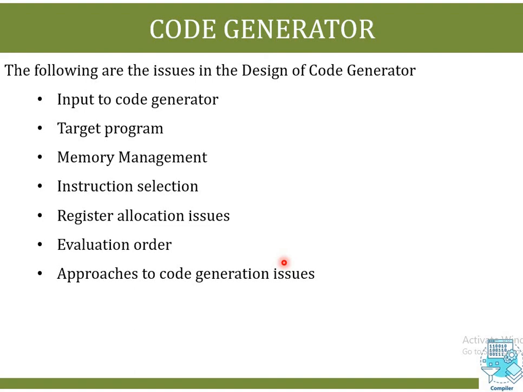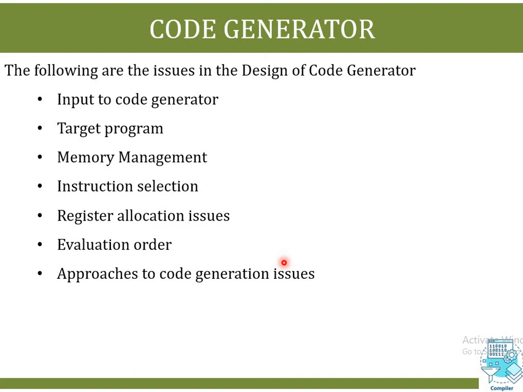Now, whenever we design the code generator, we have to address the following issues. Let us discuss the issues one by one. First, the input to the code generator. What input will we give to the code generator?